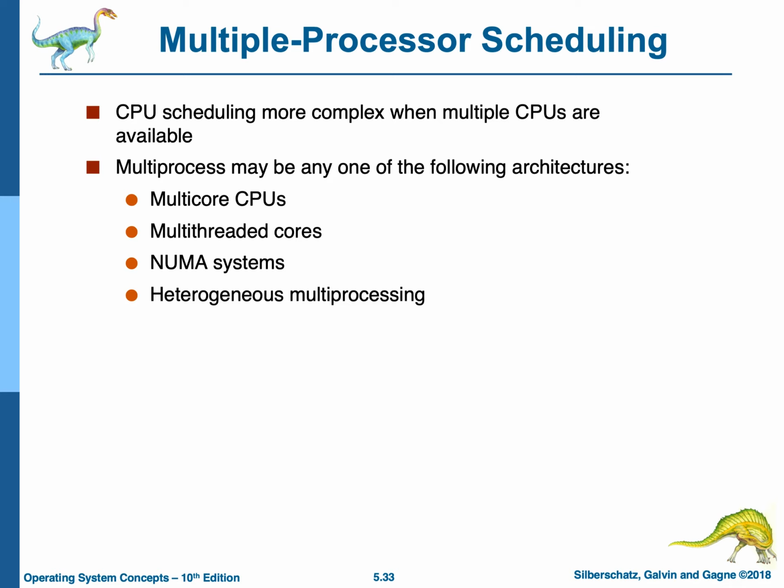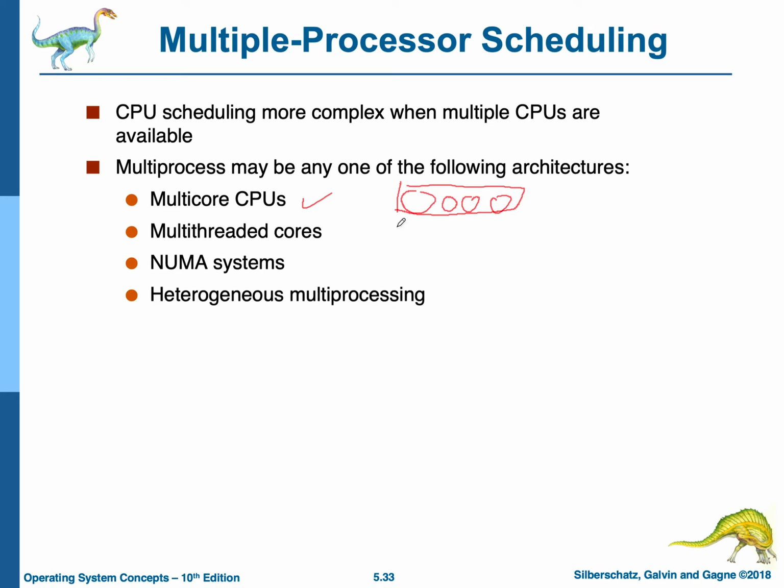So how is scheduling done on these multiple processors? We might have multi-core CPUs, where one CPU has maybe 1, 2, 3 or 4 cores, quad core.